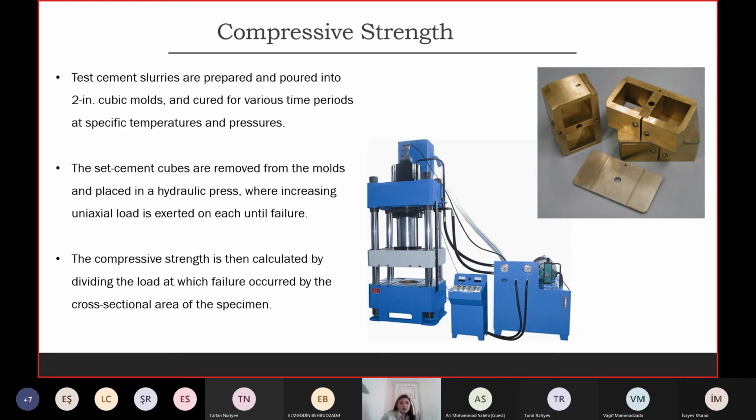So how do we start the test? We mix the slurry. I have shown you how to mix. We are mixing in the mixing bowl, and then we are using the 2-inch cube molds.